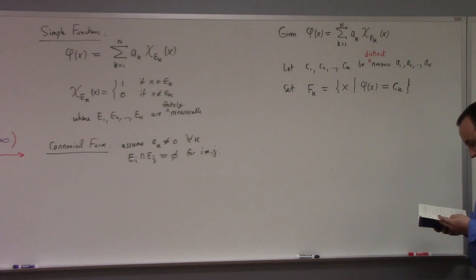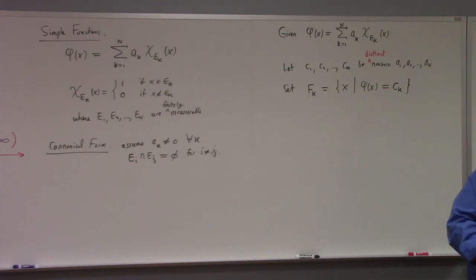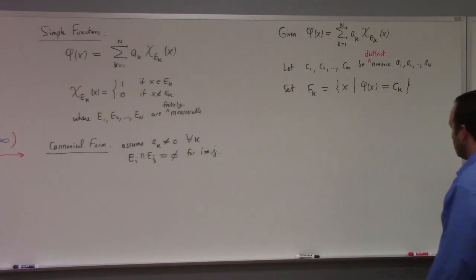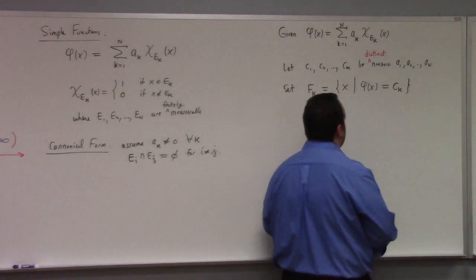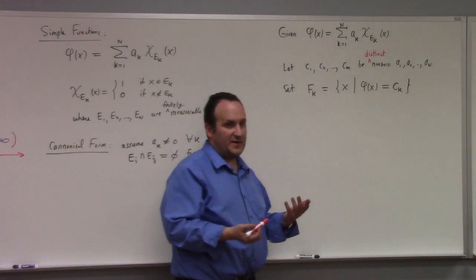Then he says the sets f sub k are disjoint. Do you believe that? I think that's kind of immediate from the definition, right?